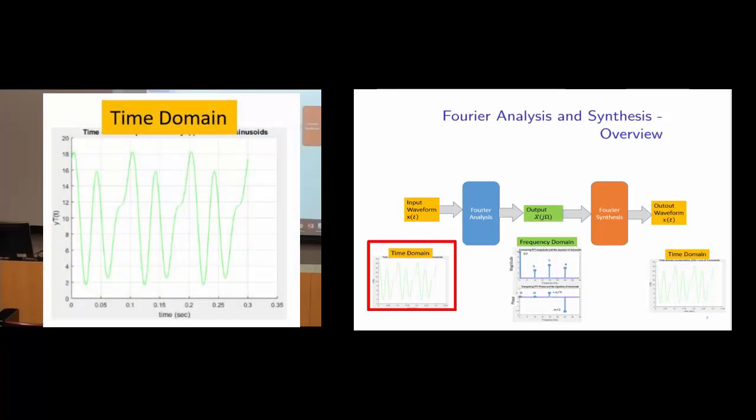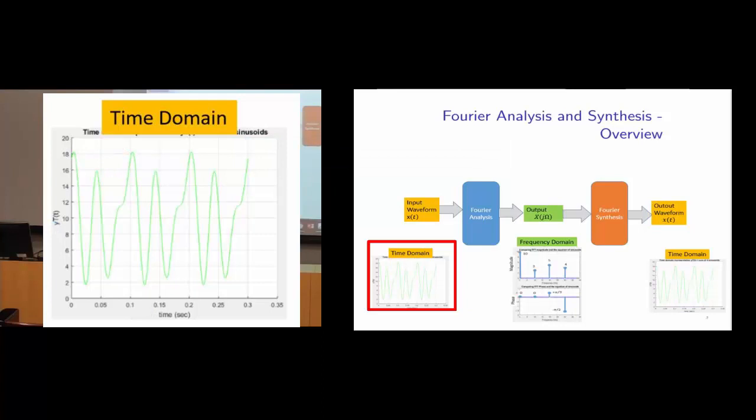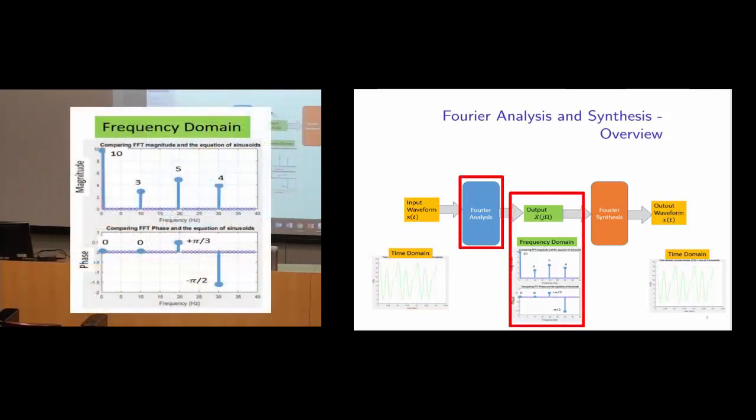The green graph is x of t. In this example, it is a periodic function. The horizontal axis is time, and the vertical axis is simply x of t. In this example, we have a continuous time periodic signal. This continuous time periodic signal x of t is sent to a Fourier analysis machine to generate a frequency representation.